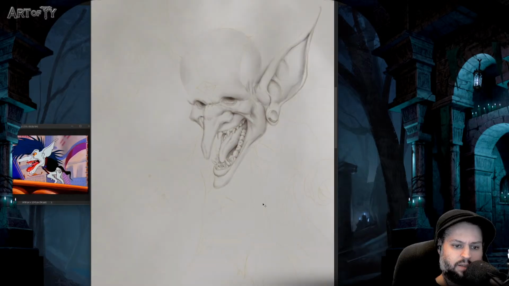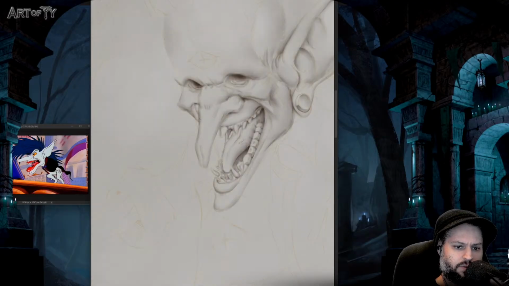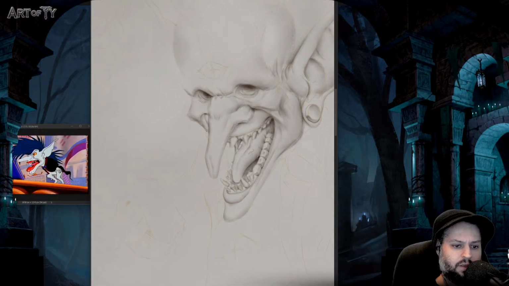So let's get that little corner of the mouth realized. So I'm trying to think about these two lines, right? If we were to have those two, I think I'm going to pull this one a little bit more in.